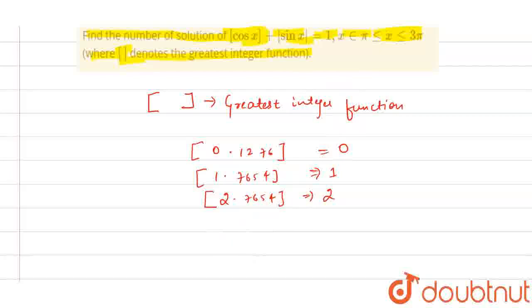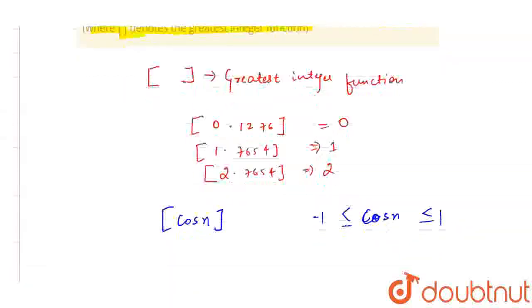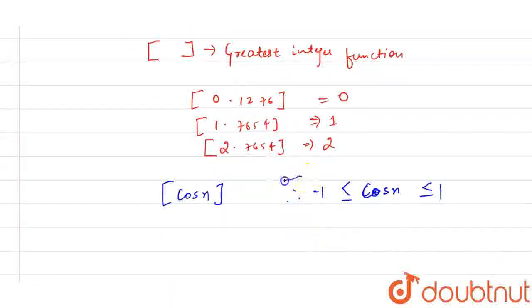Now, it was given the greatest integer function of cos x. We know that the range of cos x is between minus 1 and 1. Similarly, the range of sin x is also between minus 1 and 1.